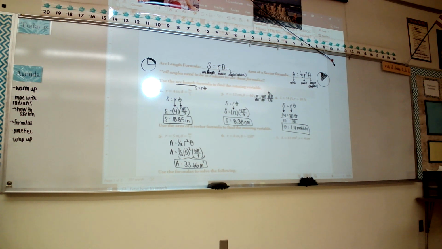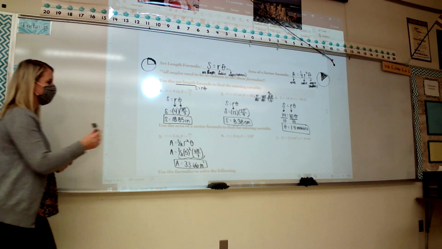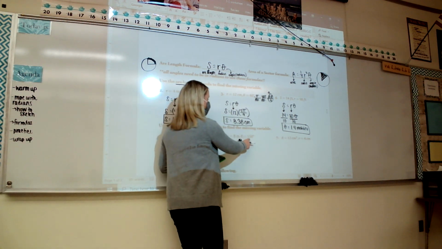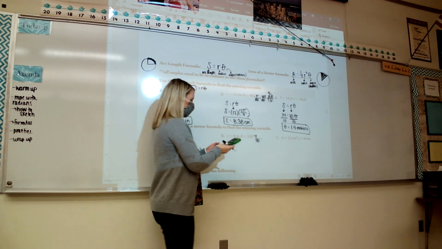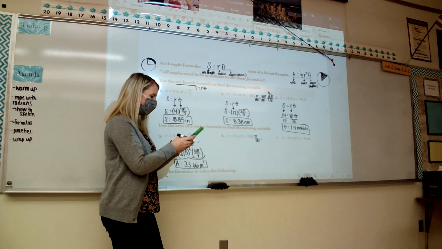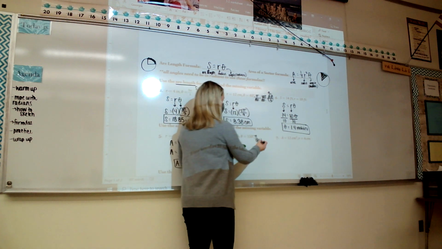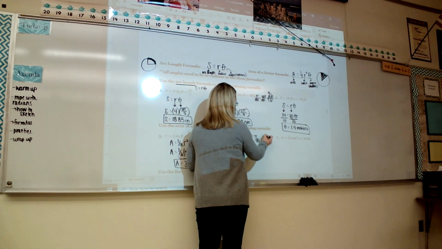So the other ones are pretty similar. It's really just plugging into a formula, which is nice. Number 6, you do have to convert this to radians before you start. So I'm going to multiply by pi over 180. I'm just going to reduce this right in my calculator. If I do 150 over 180, that would give me 5 pi over 6.